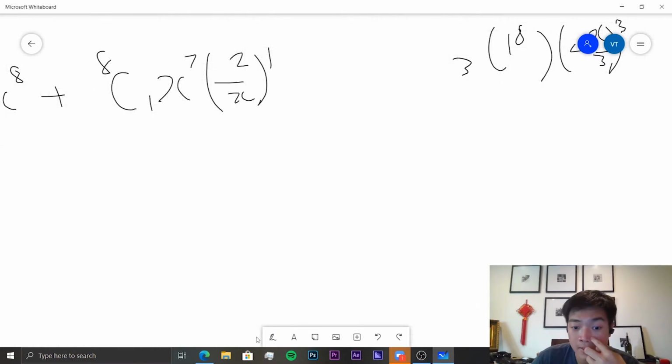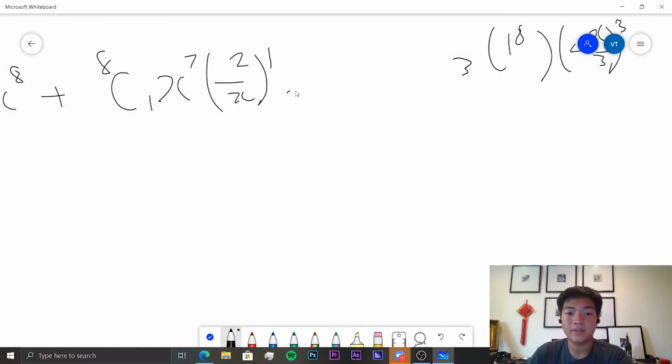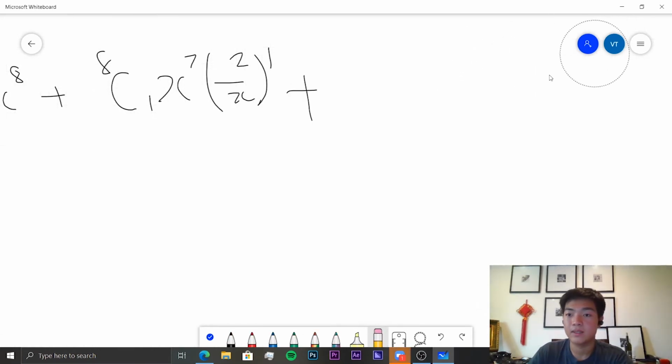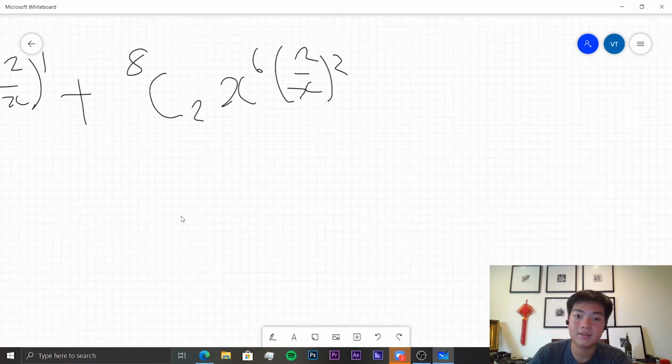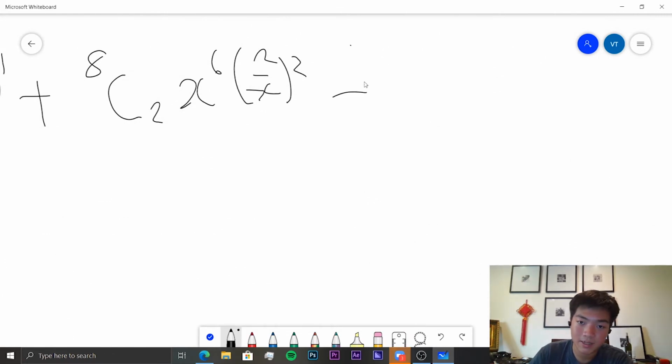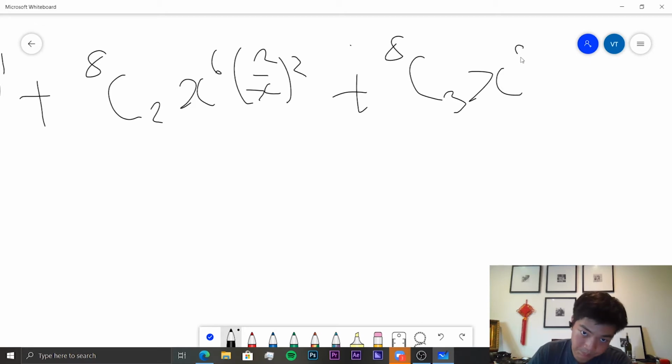And the next term will be 8 choose 2 x to the 6, 2 over x squared. And then the next term will be 8 choose 3 x to the 5 times 2 over x cubed.